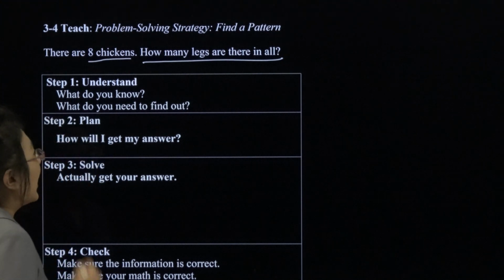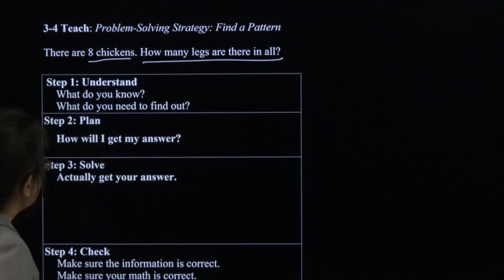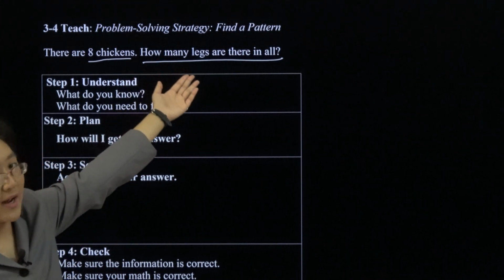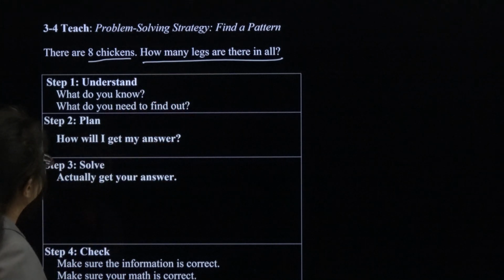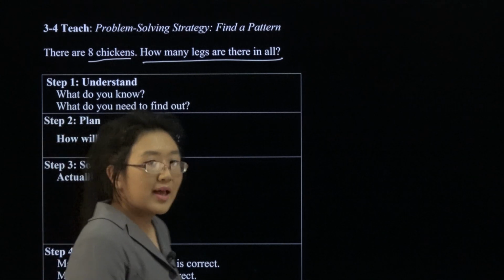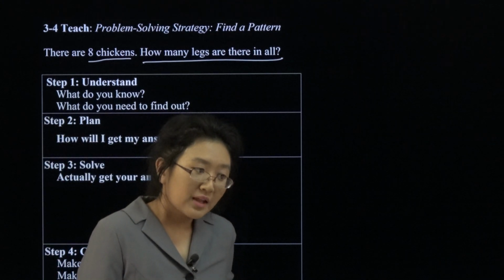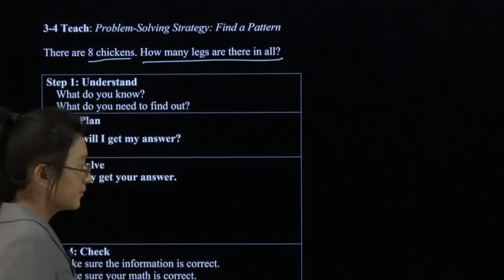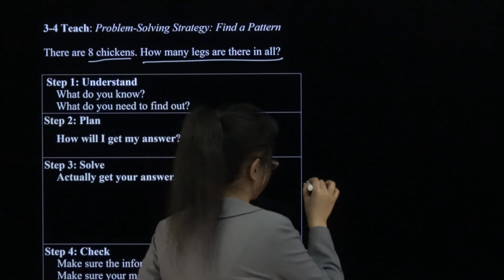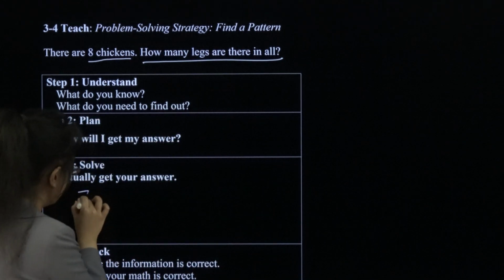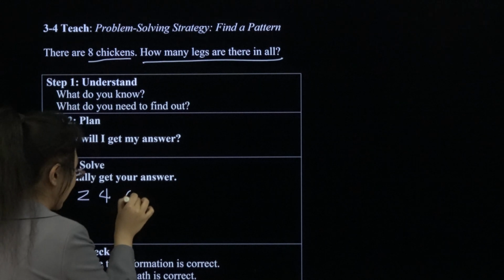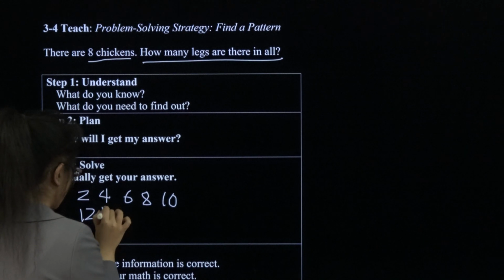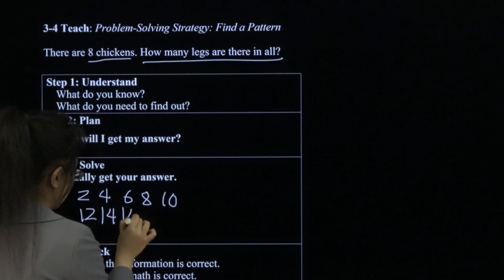Now what do we need to find out? How many legs are there in all? Our plan is basically just how will I get my answer? Well, we already have the strategy here. Find a pattern. Now remember the last section of chapter 1? Patterns and hundreds charts. When you count by 2s, you get 2, 4, 6, 8, 10, 12, 14, 16.